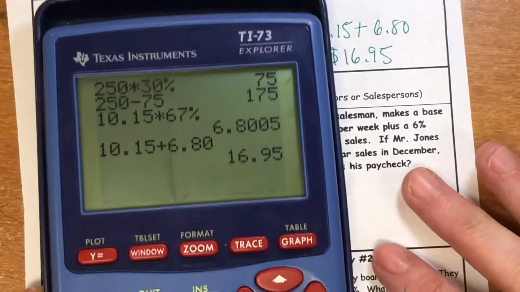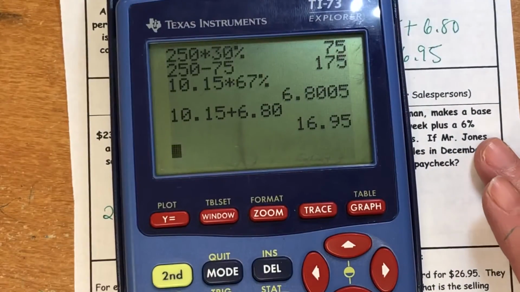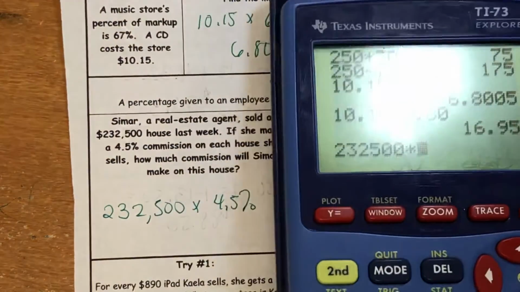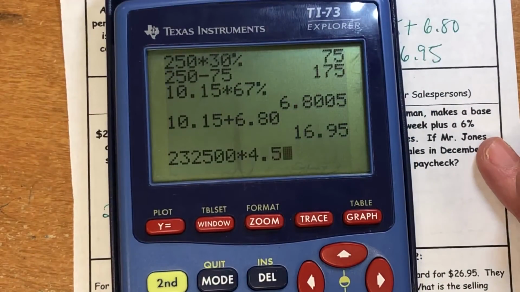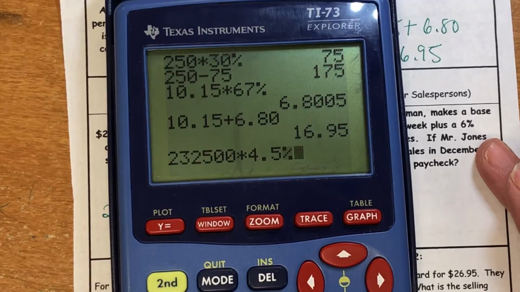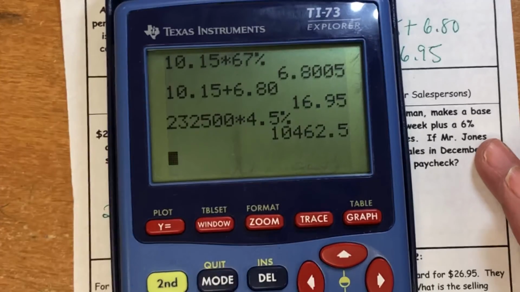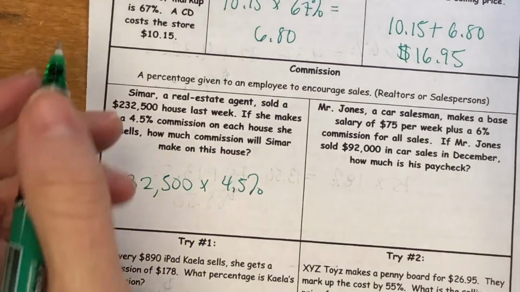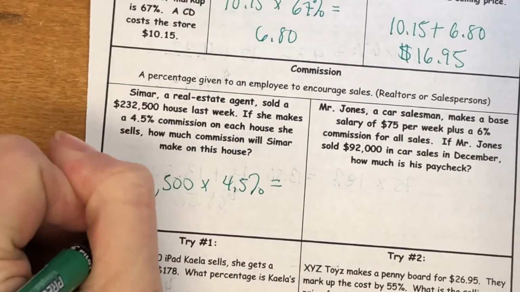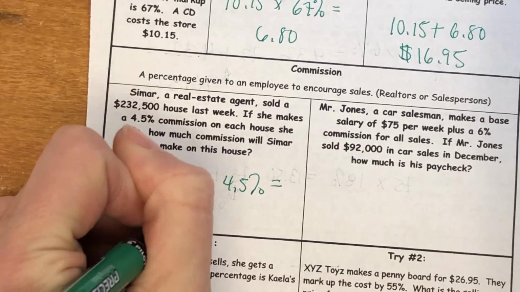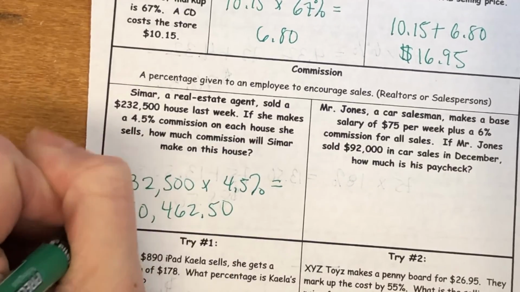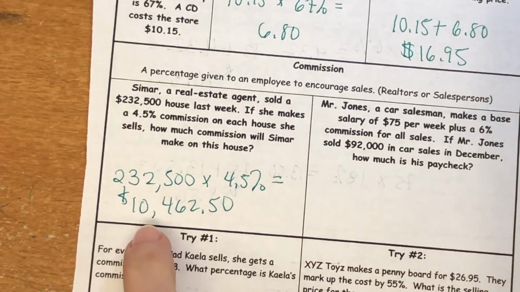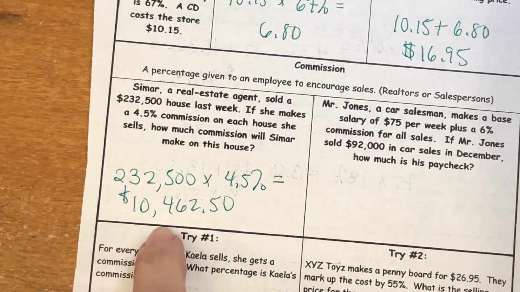So again, in the calculator, $232,500 times 4.5%. Make sure you put the percent sign in there, okay? So she's going to make $10,462 and 50 cents. This is her commission. That's what she's going to make off that house.